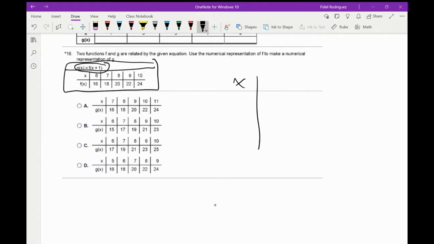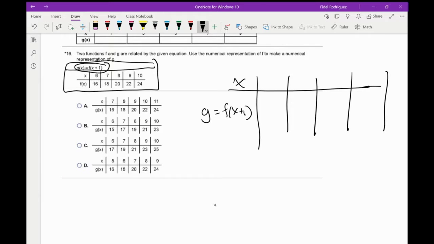So what I'm going to do here is make a table that's going to look something like this. F of x plus 1. Okay, so what I notice here, when I'm looking at this part right here and it has an x plus 1, what this tells me is that we're moving everything to the left one space.